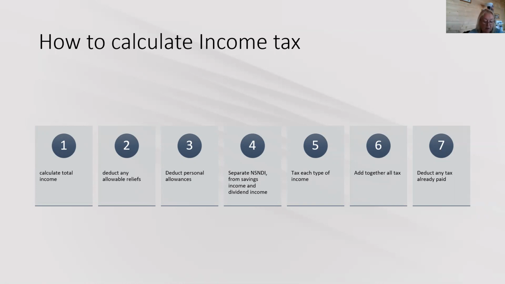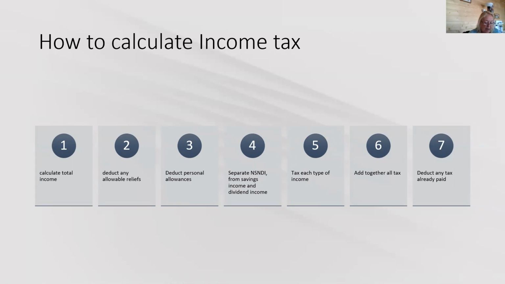So I've set out there the list of the steps that you have to take to do an income tax calculation. You start off by calculating your total income. So you add up all of the money that you've got from different sources, that is income as opposed to capital gains.